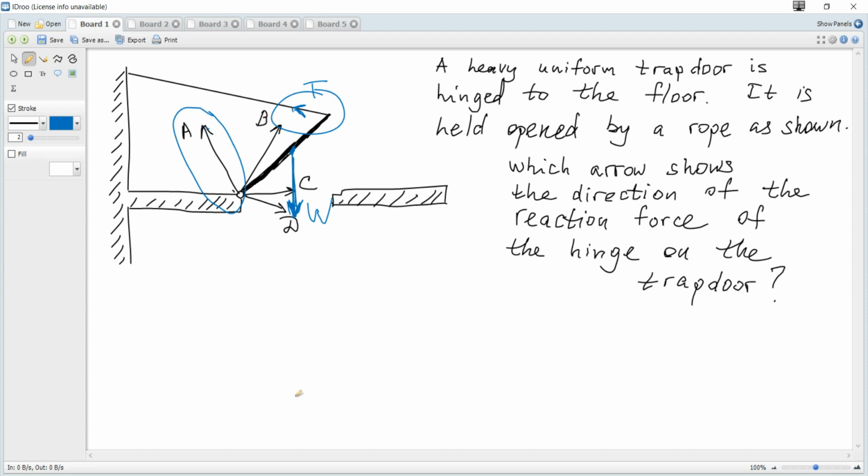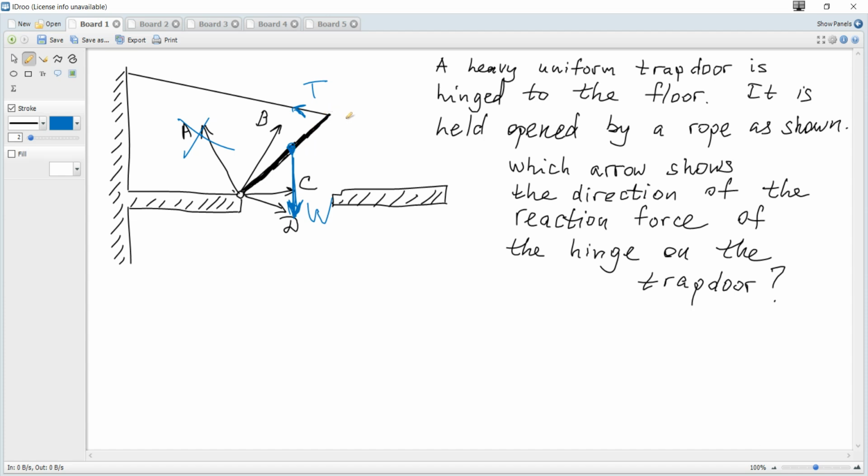And then we can consider rotational equilibrium. For an object to be in rotational equilibrium, torques or moments of force are balanced. It means that clockwise moments are balanced by anti-clockwise moments, and it's useful to consider this point where weight acts as a pivot.